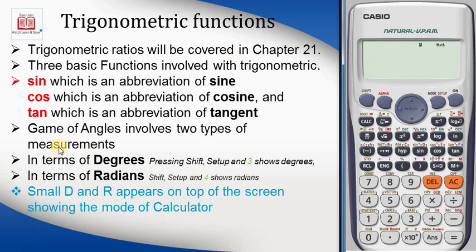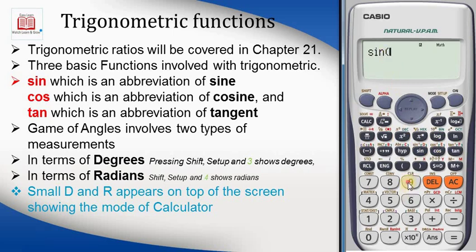All the game is about the angles I already explained. When we talk about angles, there are two basic things: either it is in radians or in degrees. These are the two scales available to measure the quantities, and on the calculator this is not mentioned.